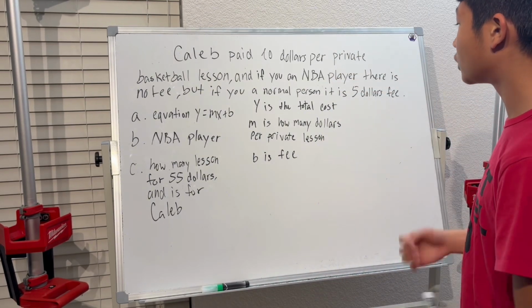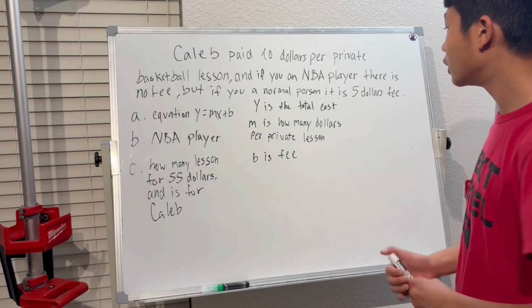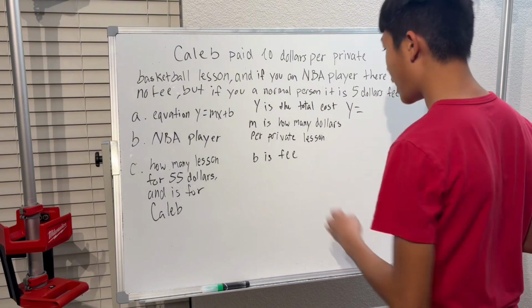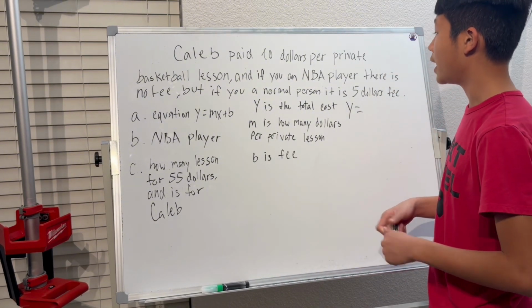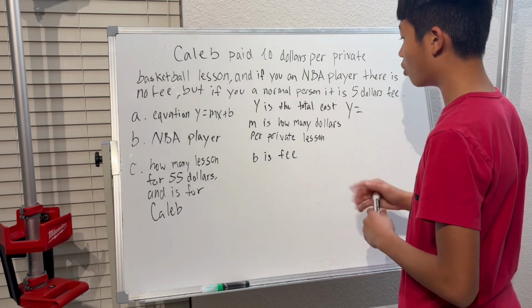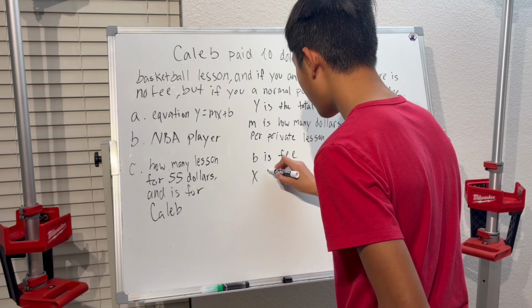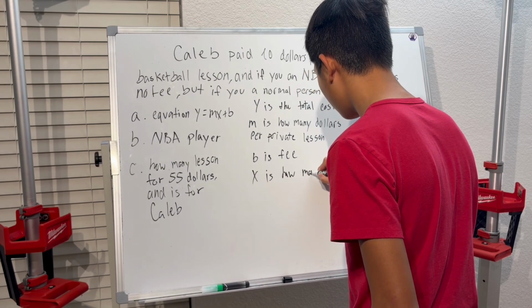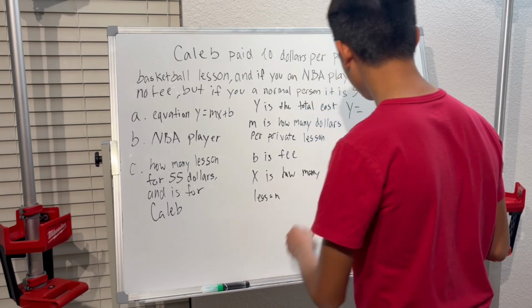So y is the total cost, but we do not know what the total cost is. We just write an equation. So we have y equal to m, which is how many dollars per private lesson. And one more thing, x is how many lessons.